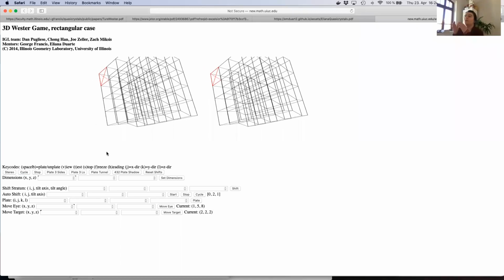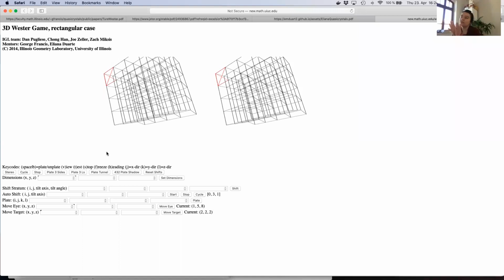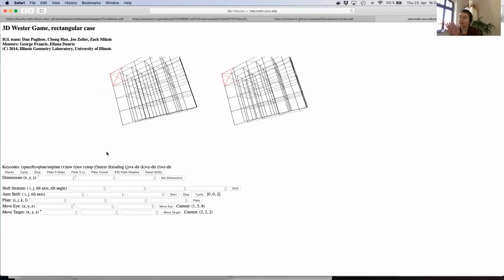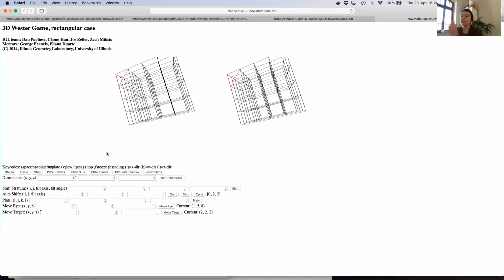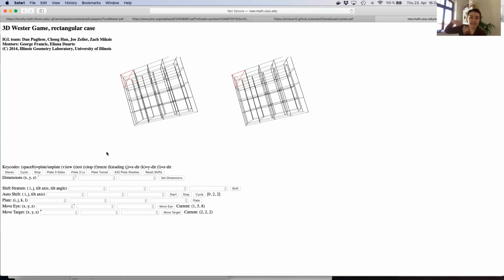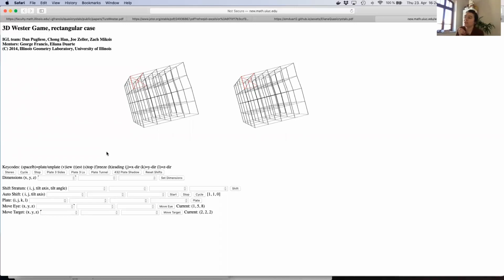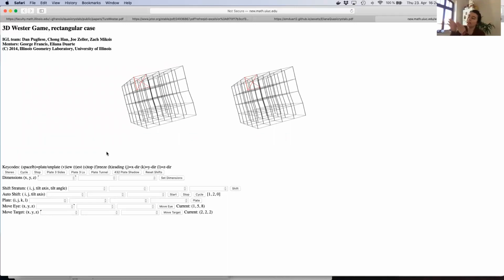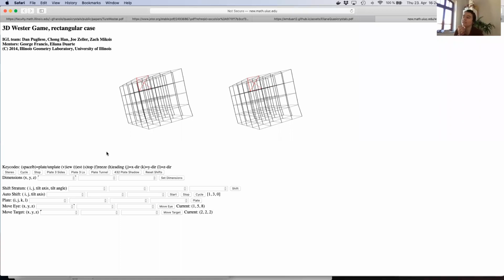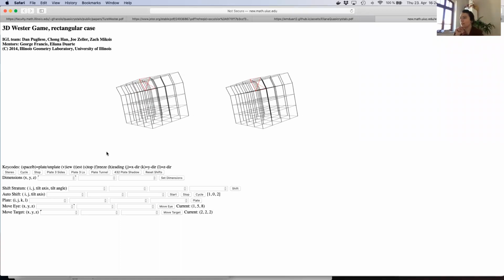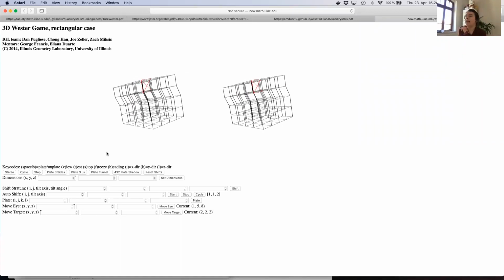What you see right now is that this framework is deforming by doing shears along strata. Okay, so it's cycling along the different strata of this framework, and you see that when you cycle along these shears, this framework deforms. Okay?